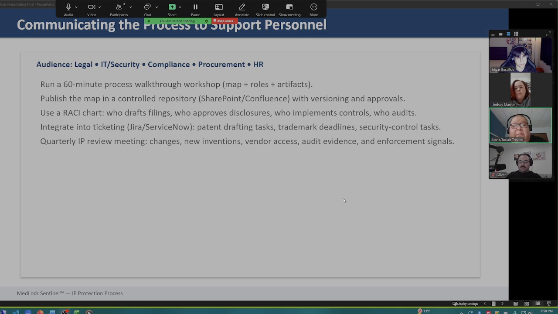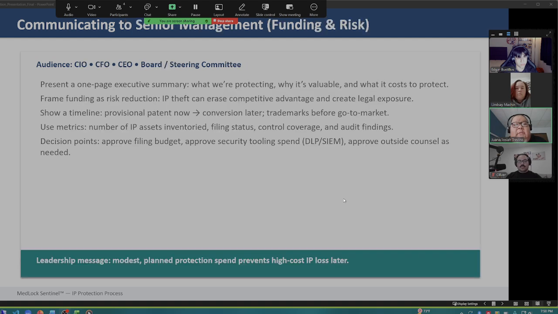For example, legal files patents, but IT must implement access control that preserves trade secrets. Ticketing converts the map into actionable work, deadlines, and audit trails. Next, Lindsay will be communicating to senior management, focusing on funding and risk trade-offs.